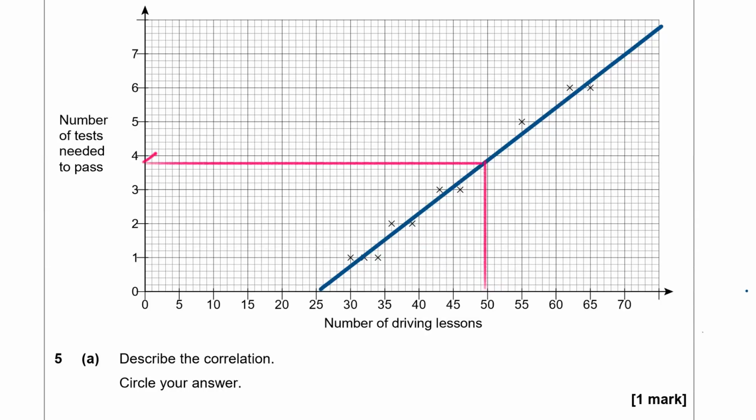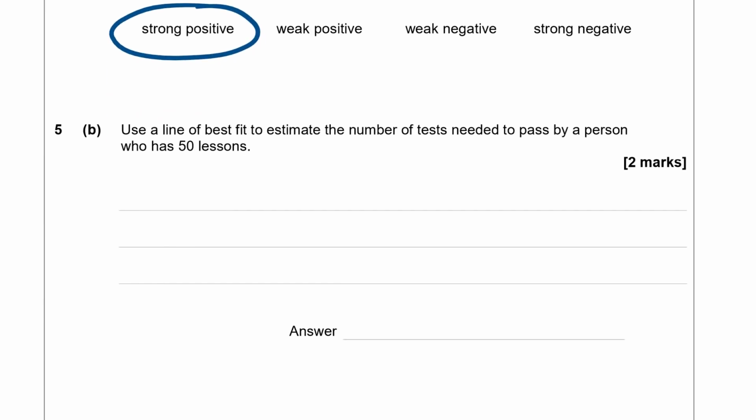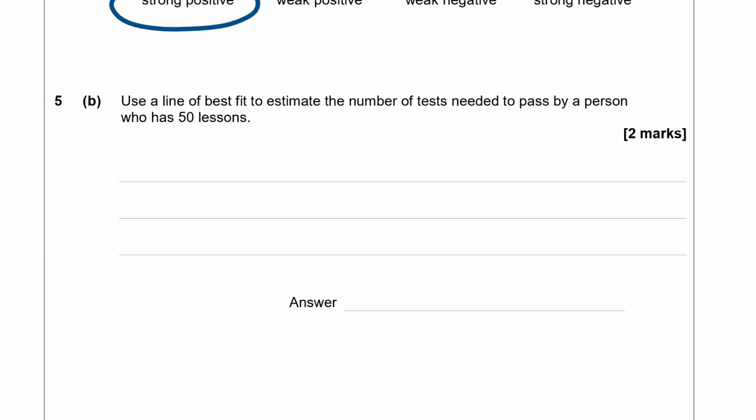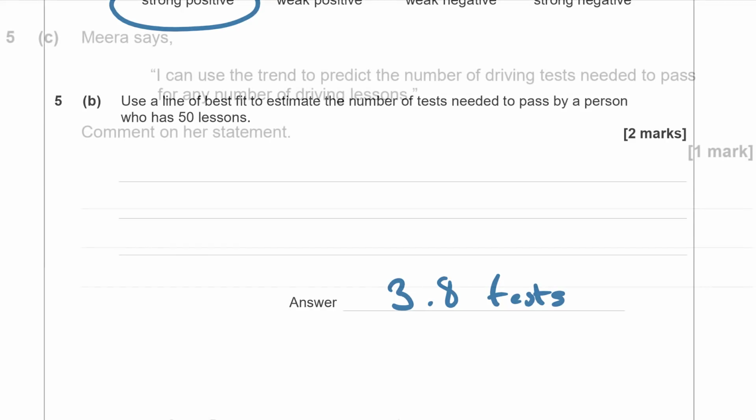And then this value here is my answer. So on this scale it's about 3.8 tests. So on average it takes about 3.8 tests for a person who has 50 lessons.